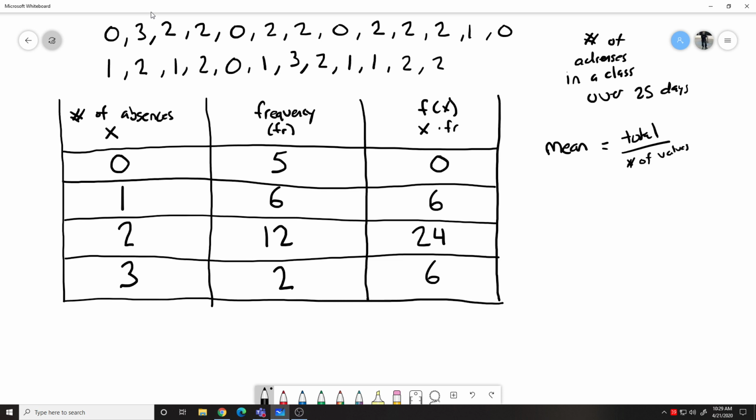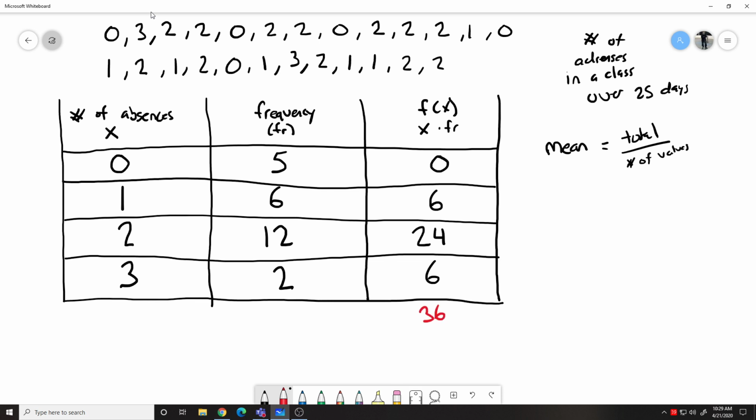Because we've put this into a nice little table, it's very easy to figure out. To get my total, I just need to add up this column right here. 6 and 24 are 30. 30 and 6 gives me 36. The total of this column is 36.